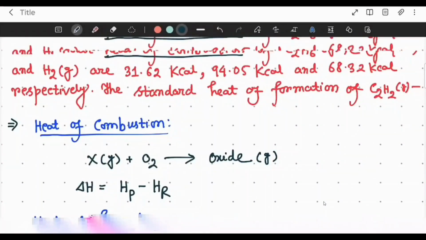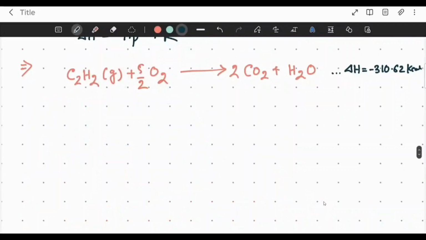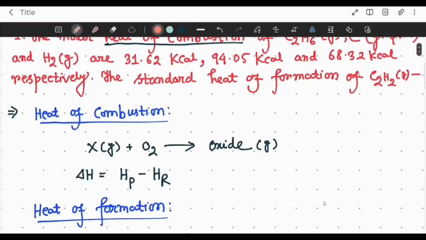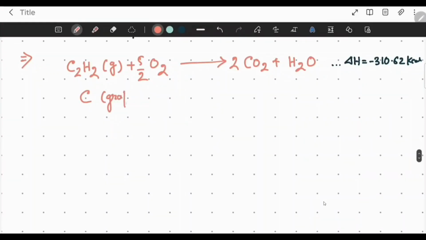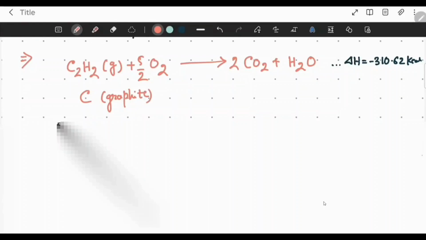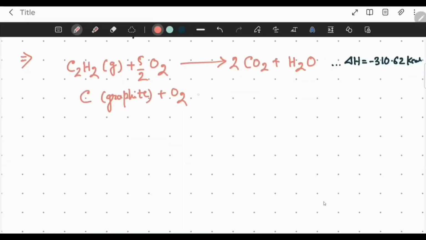So now for the other two processes, the second one is for carbon. For carbon it is easy. For carbon it is graphite. When you burn carbon in air, it produces carbon dioxide, CO2.